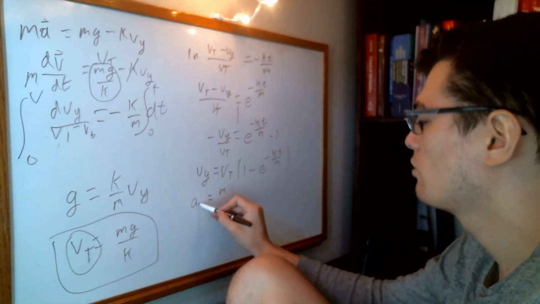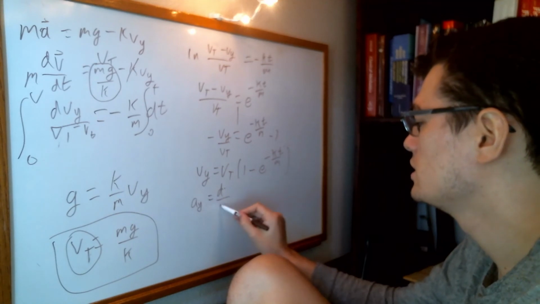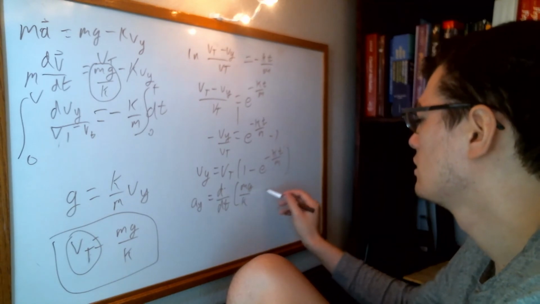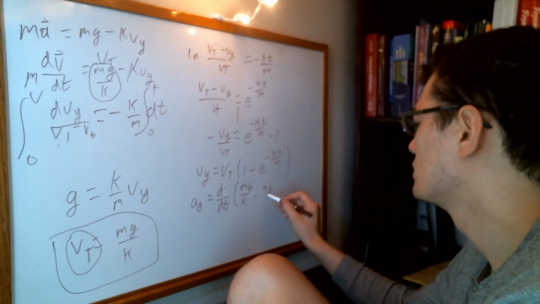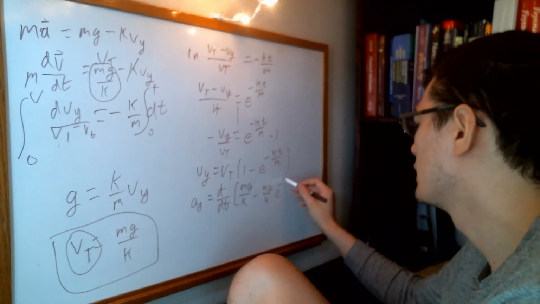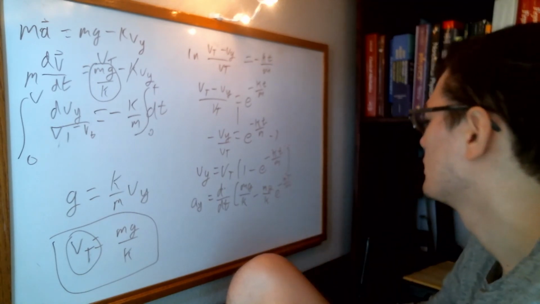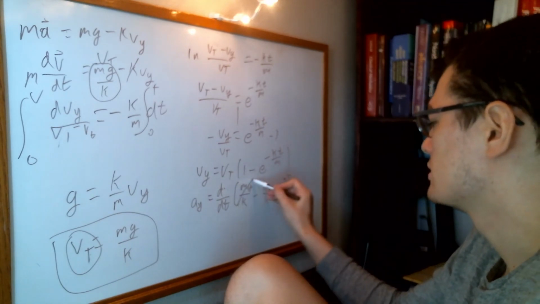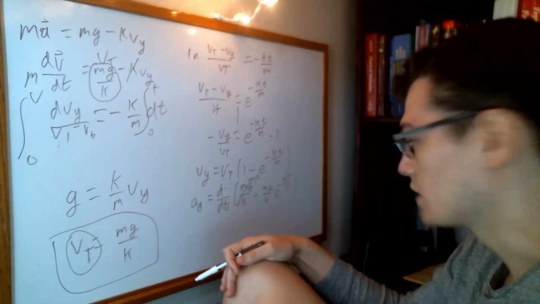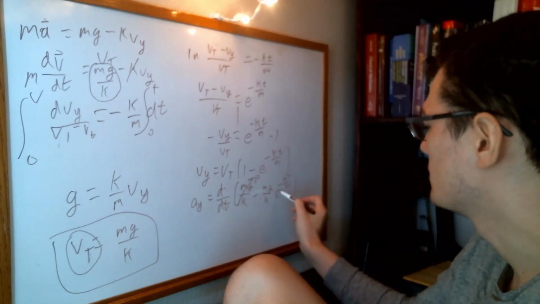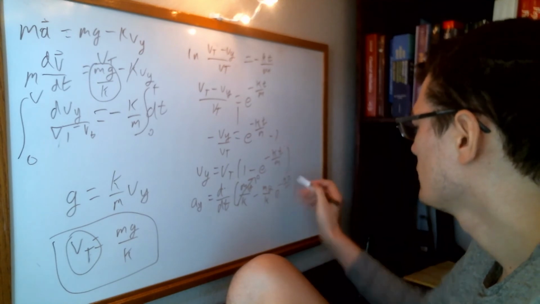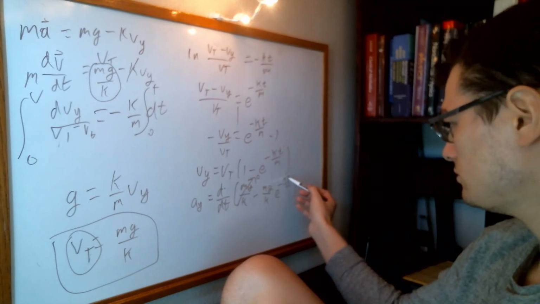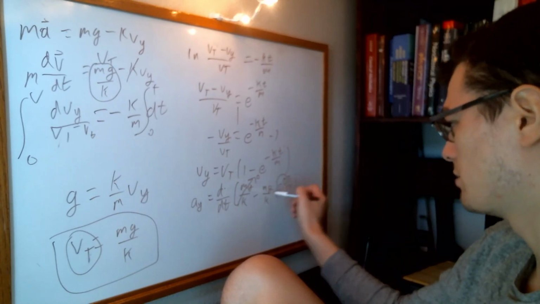So then we're going to get that Ay is going to be d/dt of mg/k minus mg/k e^(-kt/m). Okay, so when we take the time derivative of this, it's going to be equal to 0 because it's just a constant. And then when we take the time derivative here, the factors not including t are just going to come down and be multiplied by this.